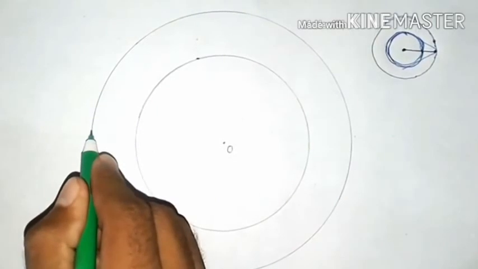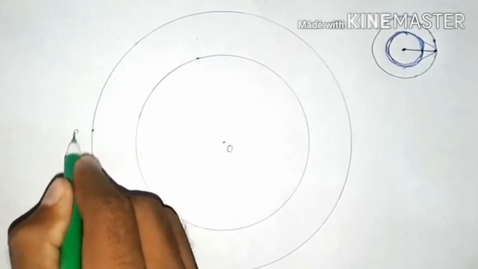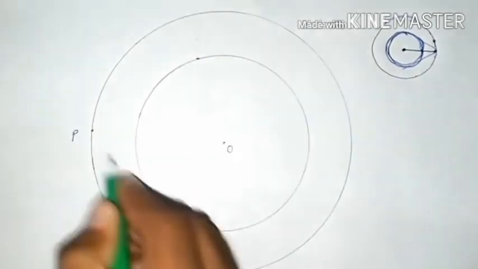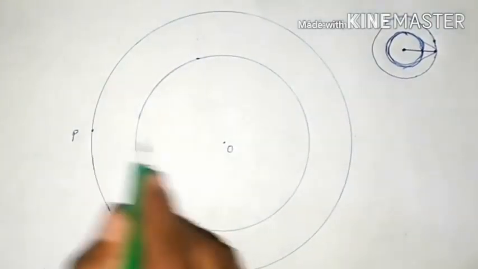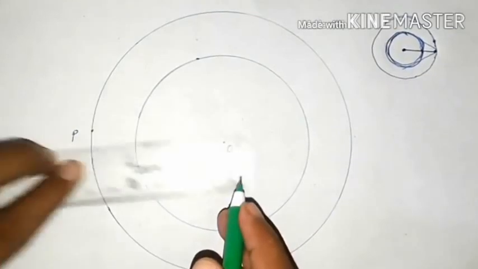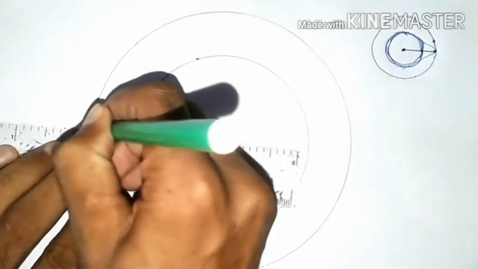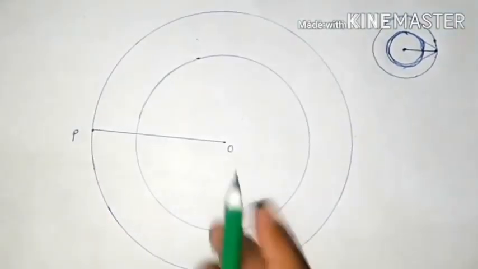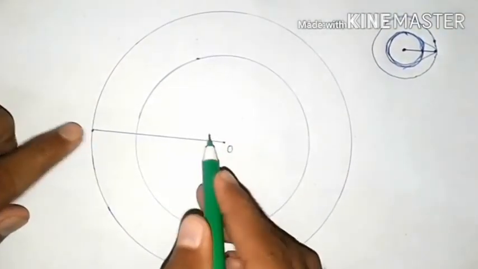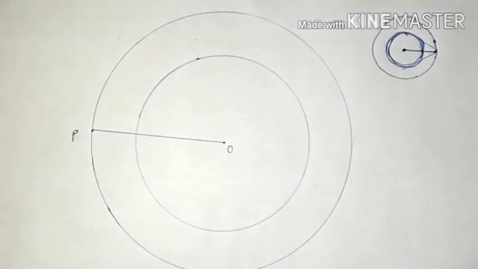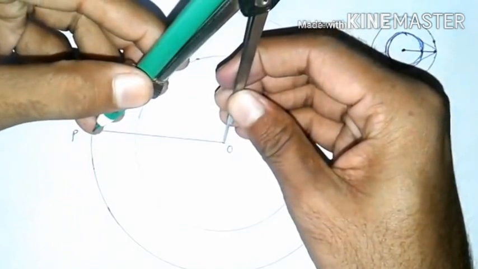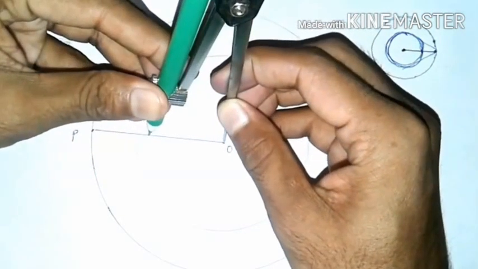On the circumference of the outer circle, mark a point P. And from P we have to draw two tangents towards the inner circle. Join OP by using your ruler. So draw the bisector of OP. For that we have to use your compass and take more than half of length of OP.